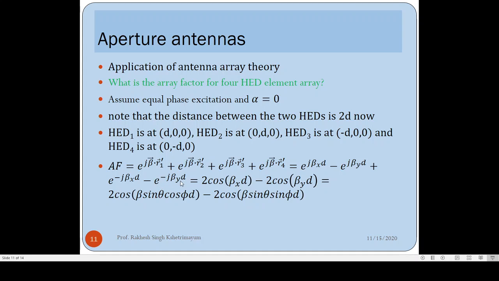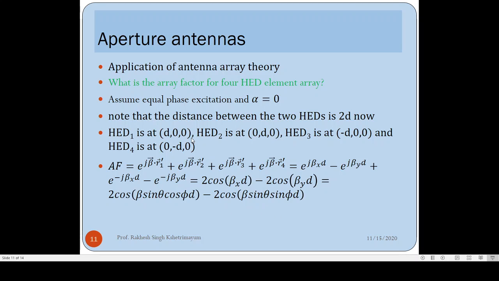And exponential minus j beta y d, so you have a negative sign here. You can combine the two terms which are dependent on beta x, this one and this one. You can combine these two terms which are dependent on beta y. What I am getting is 2 cosine of beta x d minus 2 cosine of beta y d. What is beta x? Beta x, the projection of beta along the x-axis, is beta sine theta cos phi. Beta y, the projection of the beta vector along the y direction, is beta sine theta sine phi. So finally I have got the array factor.